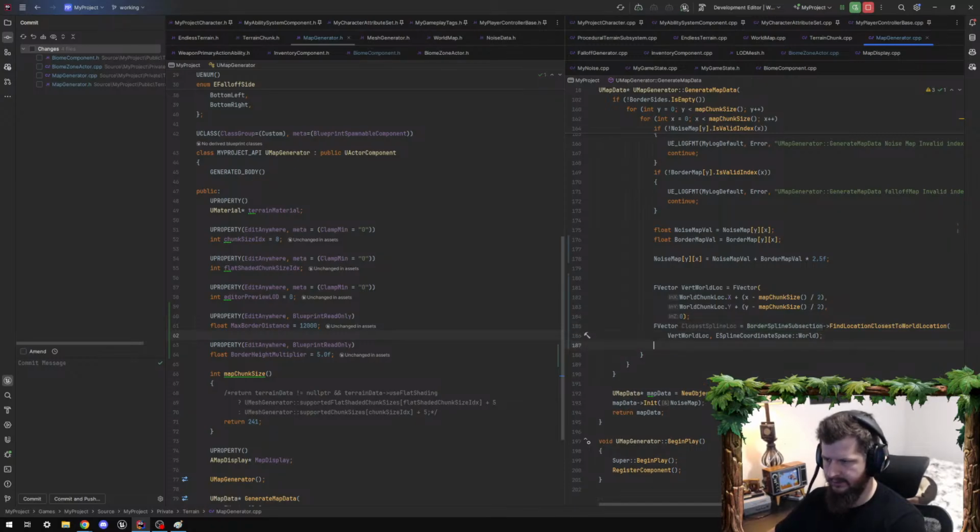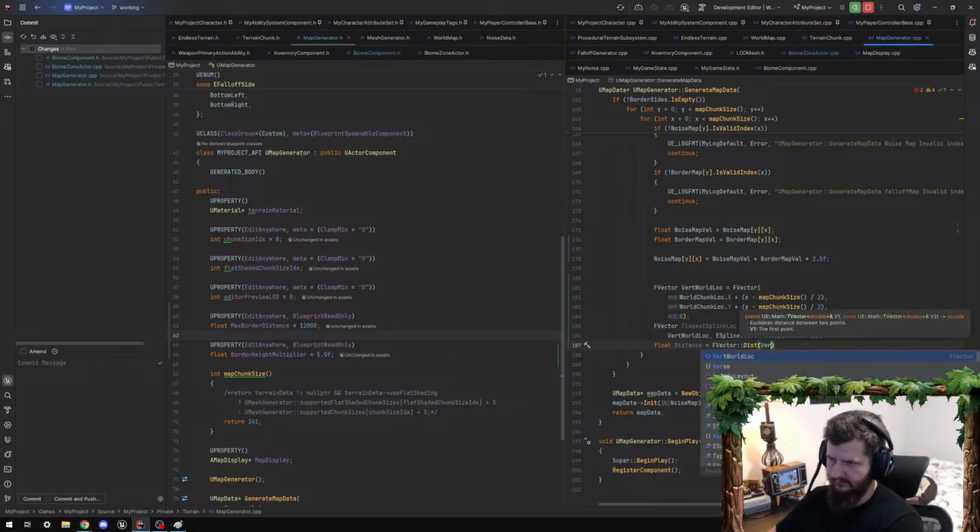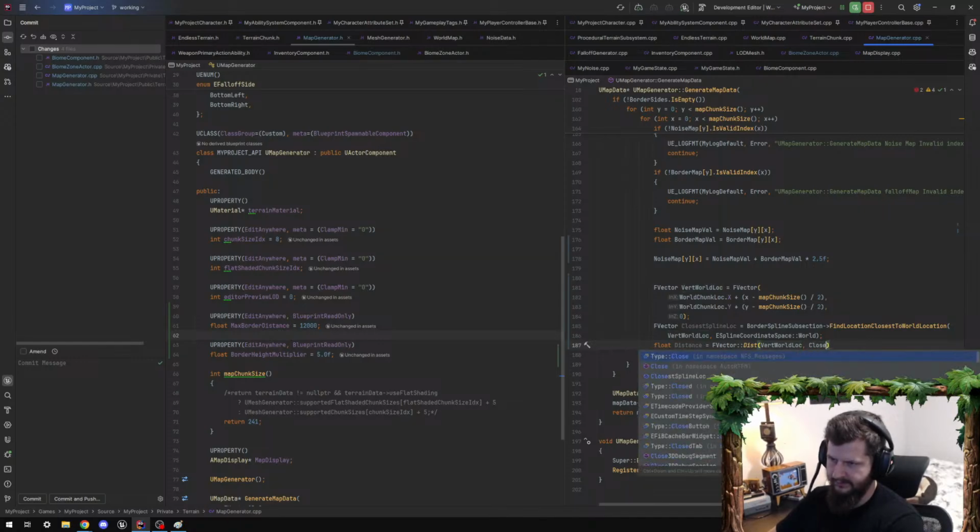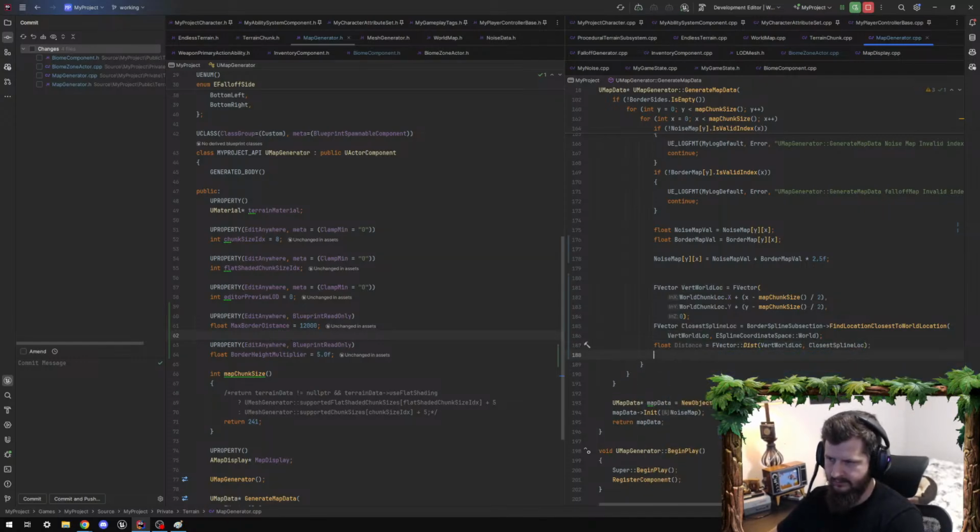Closest spline location. And then I can do a float distance, FVector::Dist between the vert world loc and closest spline loc. So I have this distance.